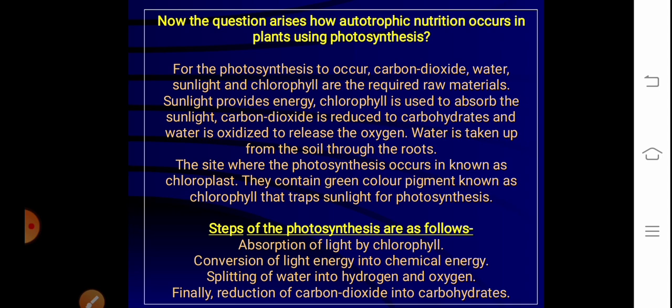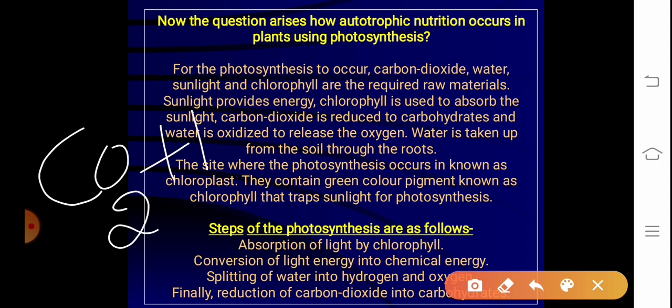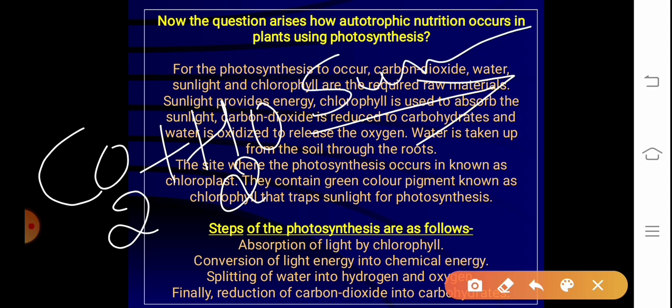You know, the plants prepare their own food by using carbon dioxide and water. And what does it need? It needs sunlight as well as chlorophyll. So these are the requirements for the process of photosynthesis.